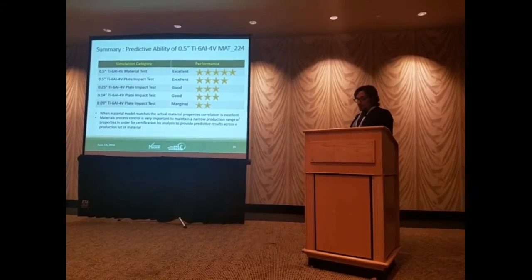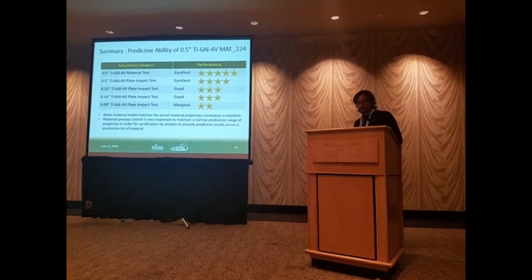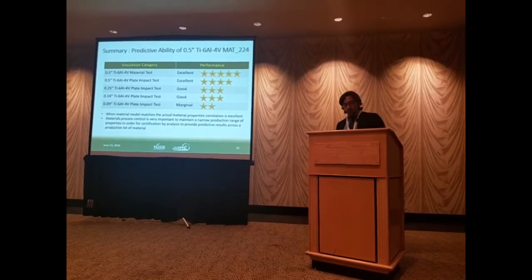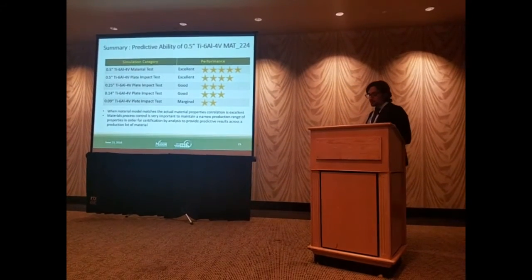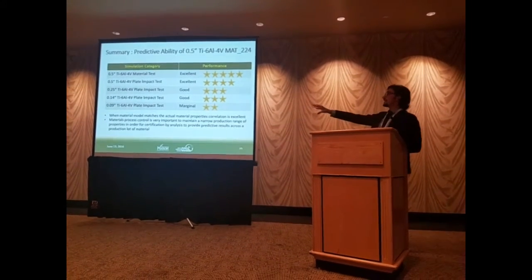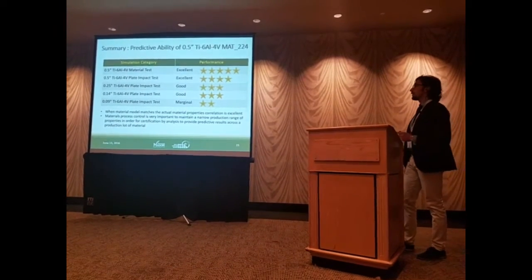Instead, for the impact test, the MAT224 developed works very well for the half-inch plate, even if the failure mode is not quite right, but it is marginally good for the other thicknesses. So, when the material model matches the actual material properties, correlation is excellent.